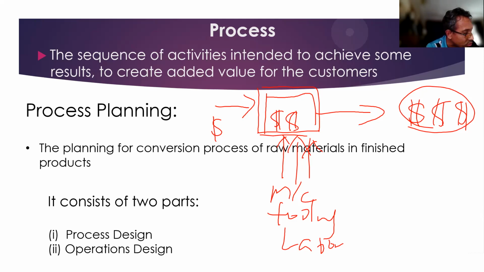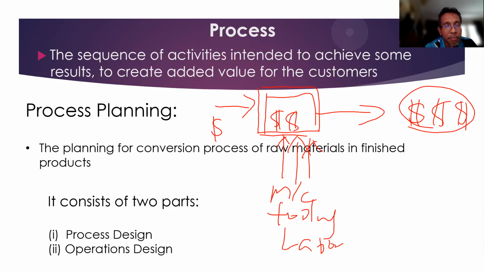These need to be produced before you deliver to the customer, on time, with the right quantities ordered, and up to the quality standards. That is the process to control the product before you deliver to the customer. The sequence of activities intended to achieve this result, we call the process.